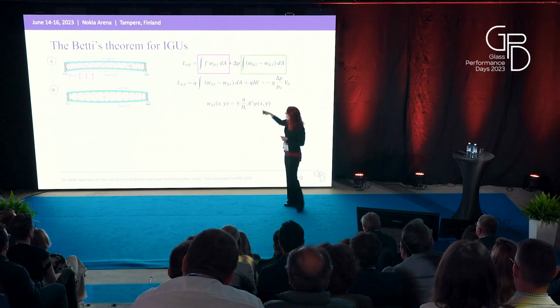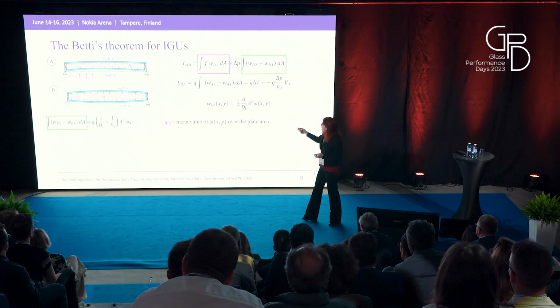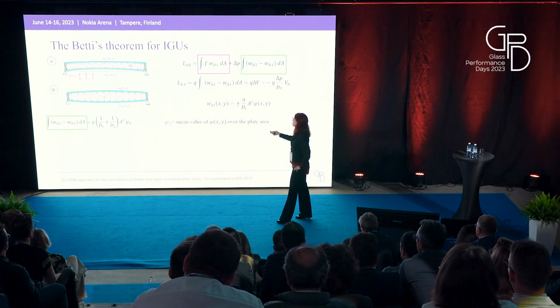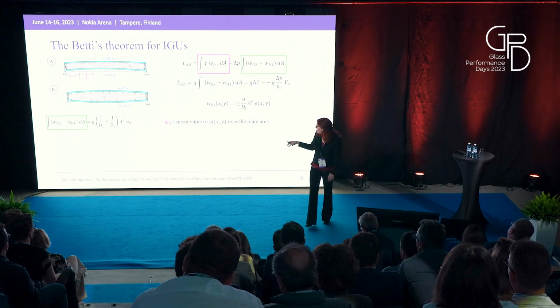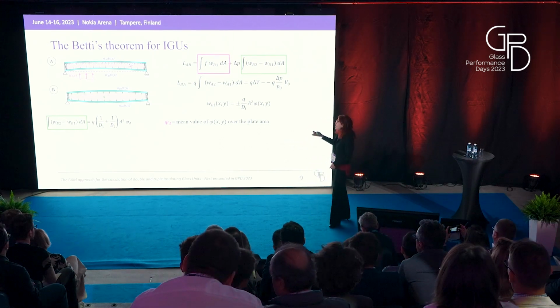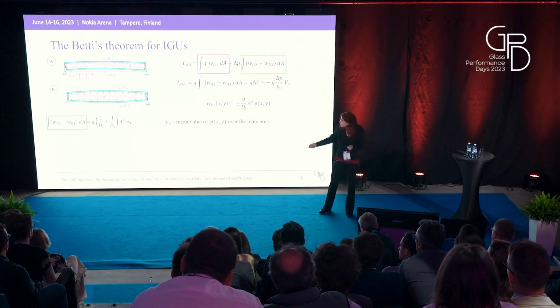The term in green, that is the volume variation in system B, may be simply written as a function of a non-dimensional coefficient phi A, that is the mean value of the shape function over the plate area, and obviously depends on the stiffness of the two plates and on their area.